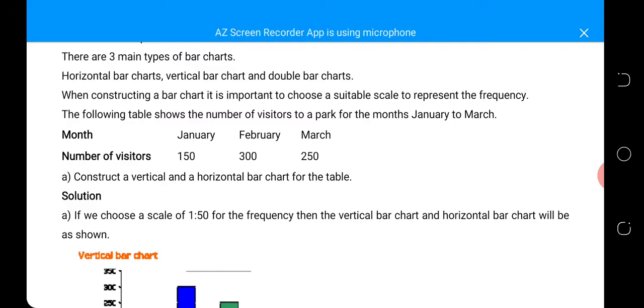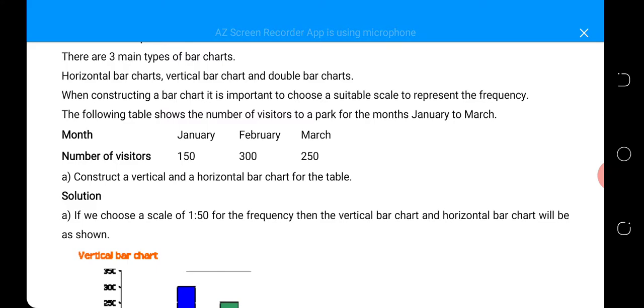When constructing a bar chart, it is important to choose a suitable scale to represent the frequency. The following table shows the number of visitors to a park for the months of January to March.